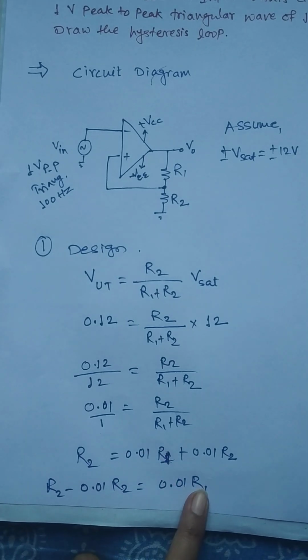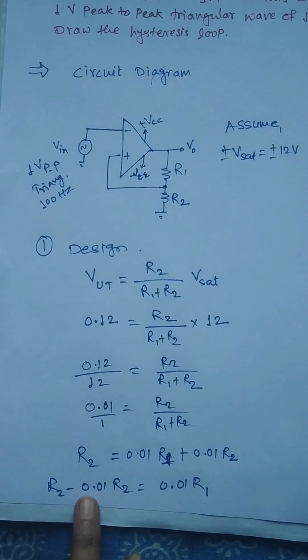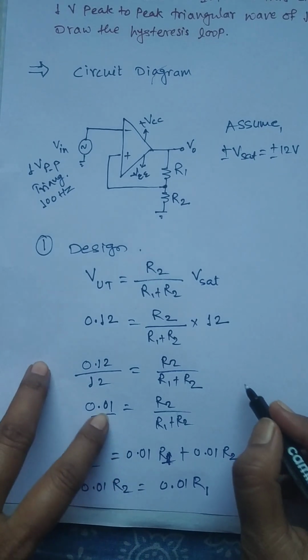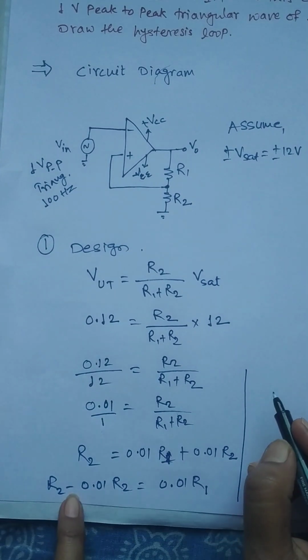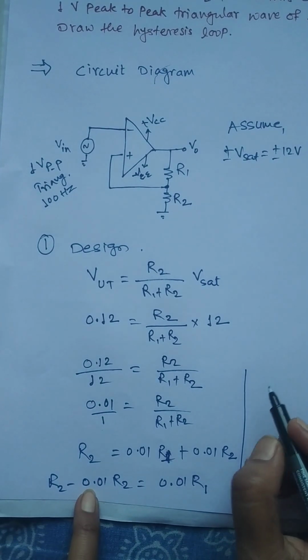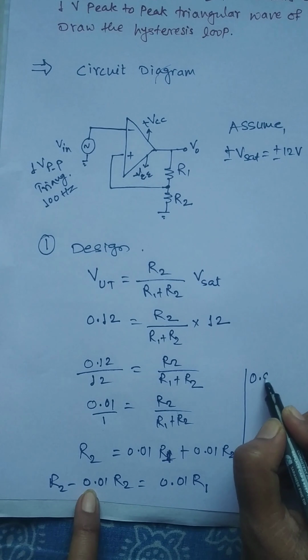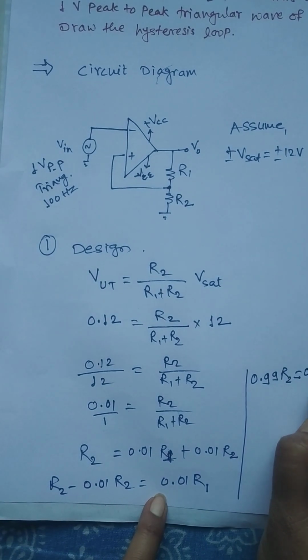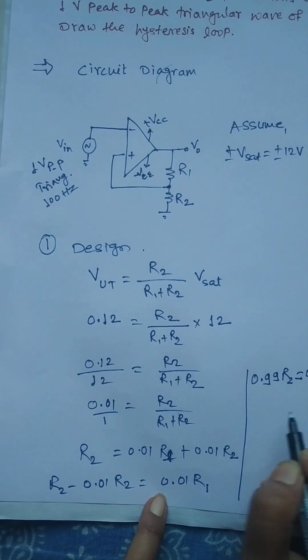This term as it is. So 1 minus 0.01 will be equal to 0.99. I will solve it here. 1 minus 0.01 will be 0.99 R2, which will be equal to 0.01 R1.